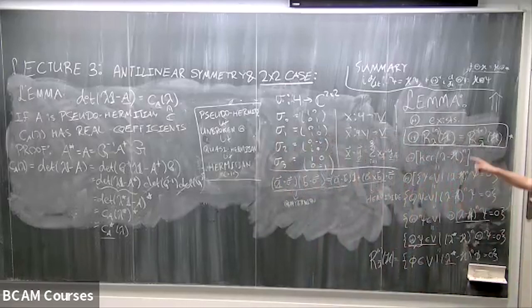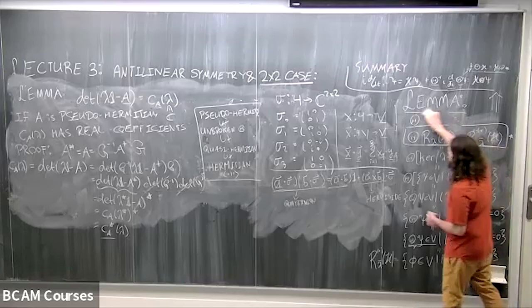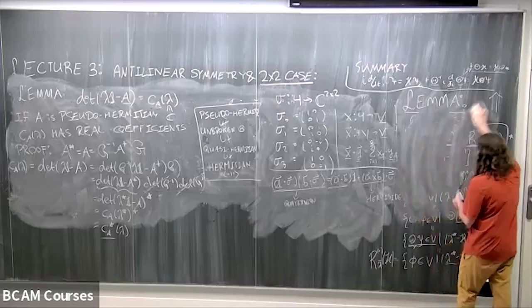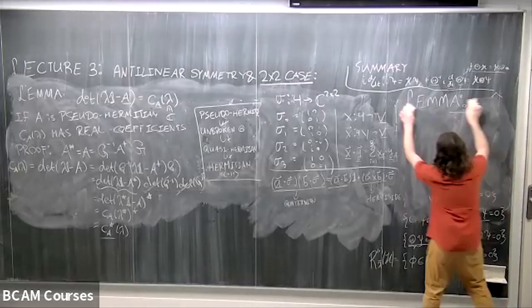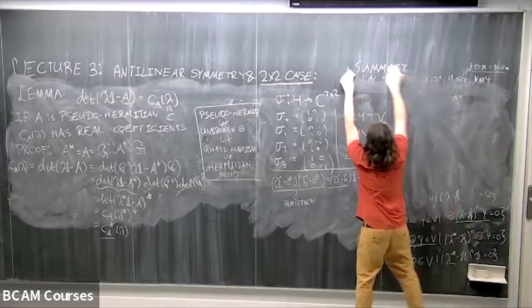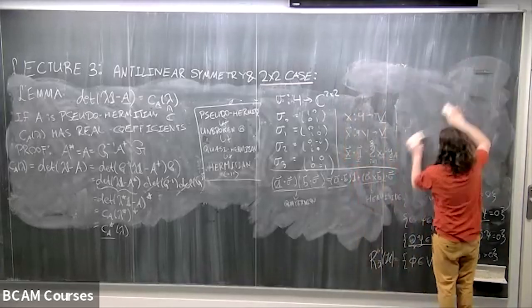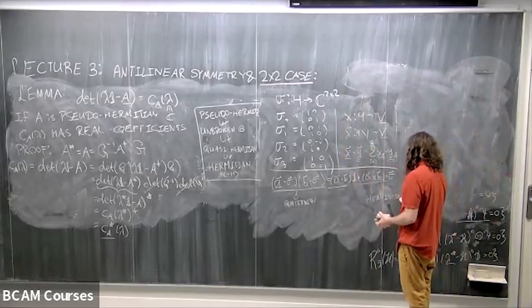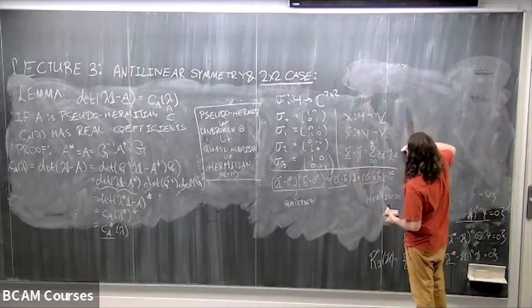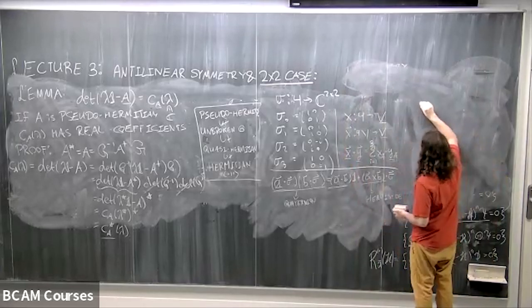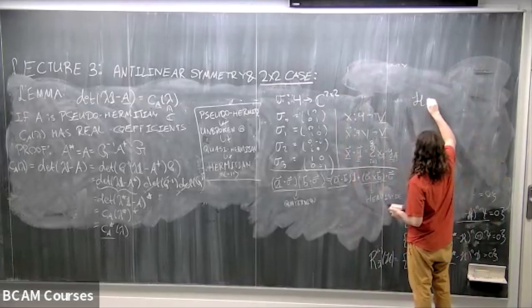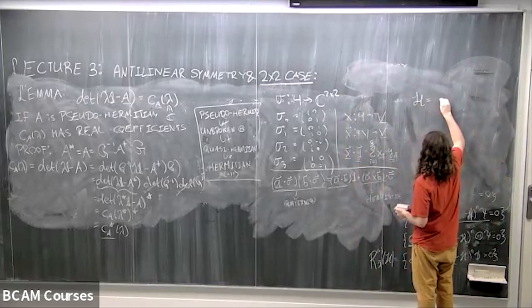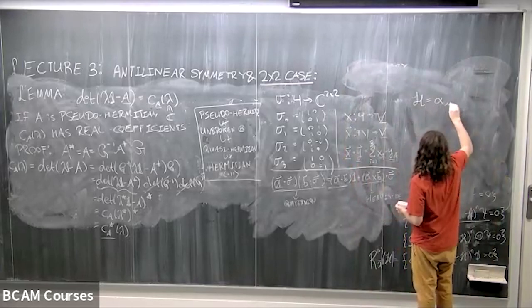Okay, now that we have the lemma, we know that in order to have a chance at getting a pseudo-Hermitian matrix, what I need is something with a real characteristic polynomial. So let's say I take an arbitrary matrix, call it H, and I'll write it as follows.